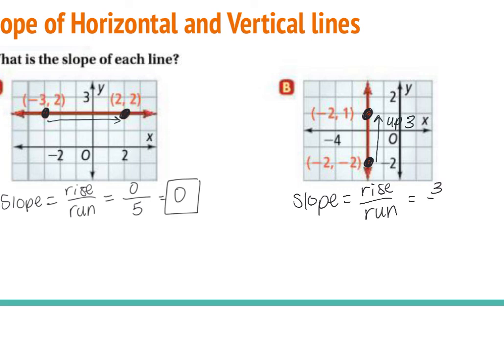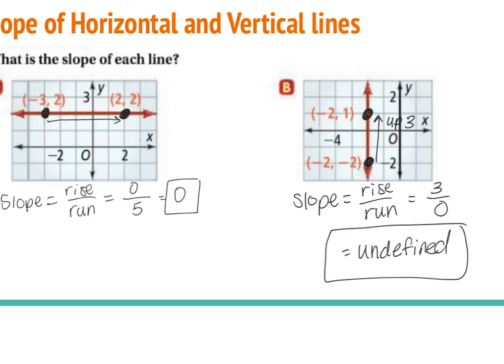So it's going to be 3 over, how much do we run? 0. Can you divide a number by 0? What we write here is our slope is undefined. Okay? Our slope is undefined for a vertical line. Whenever you divide something by 0, it's undefined.